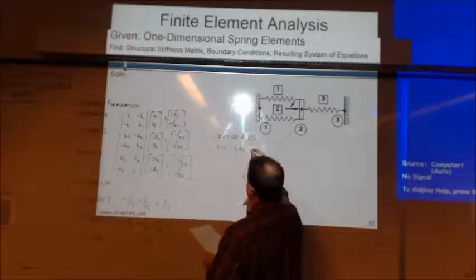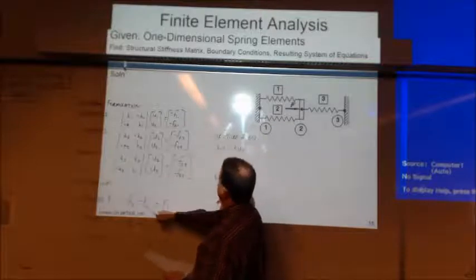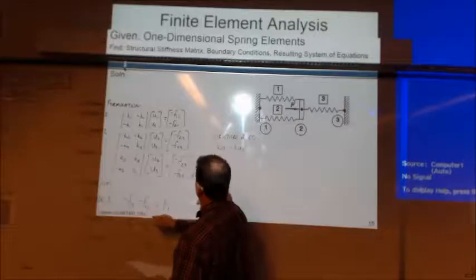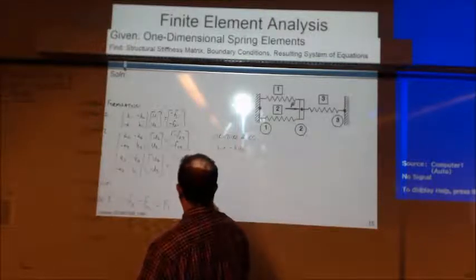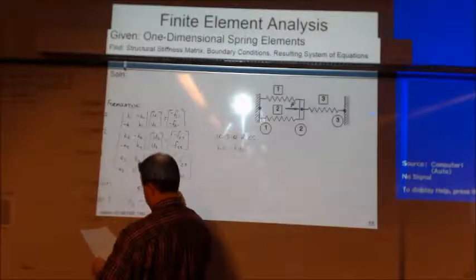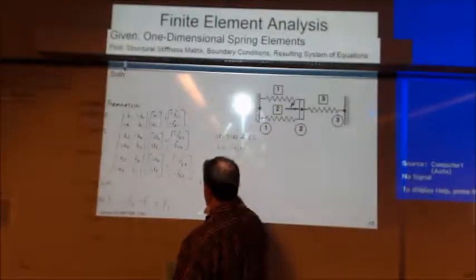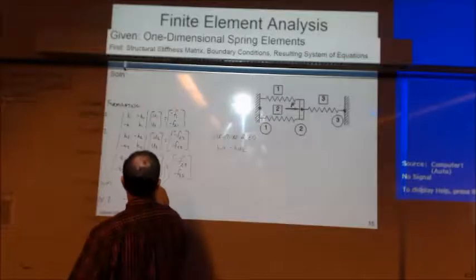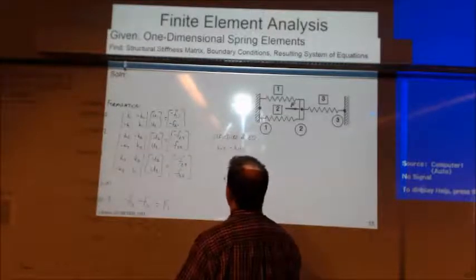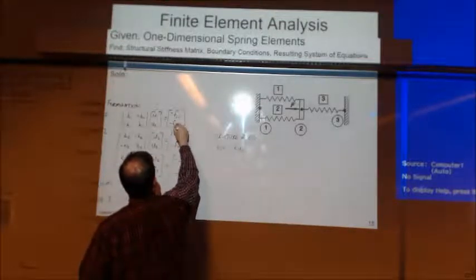Minus, so then we're going to have this value, 1, 2, right? Minus K1U1. Did I write that right? I wrote this wrong. This is the 1, 2. Where's my 1, 2? It should have been 1, 2, we're doing 2, 1. Oh, I got it backwards up here. There we go.